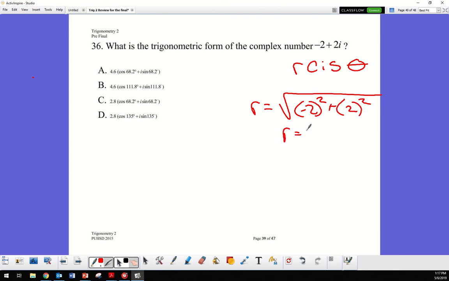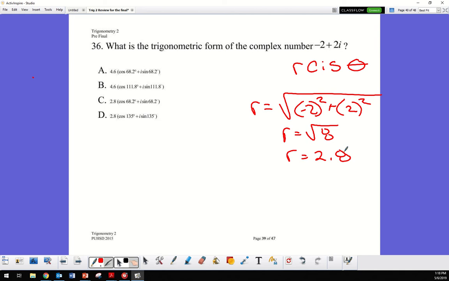Yeah, it's going to be that, but this problem actually has decimals, so we need to figure out what square root of 8 is. 2.8. So my r is 2.8, and now I've got to find my theta.